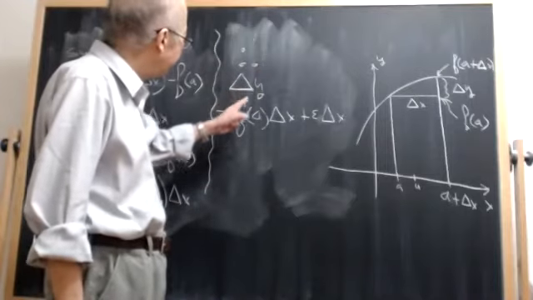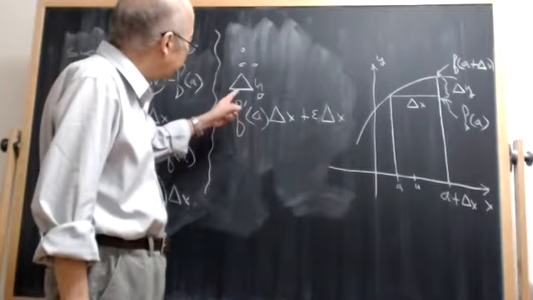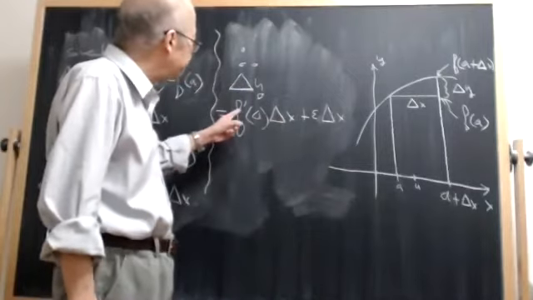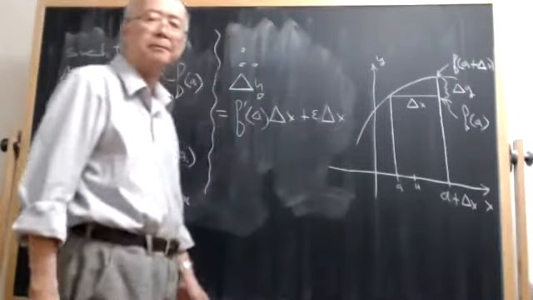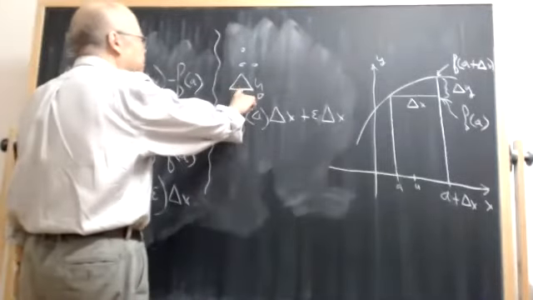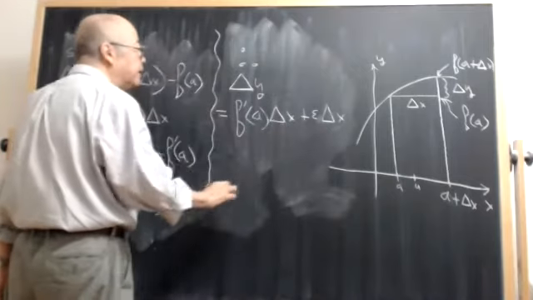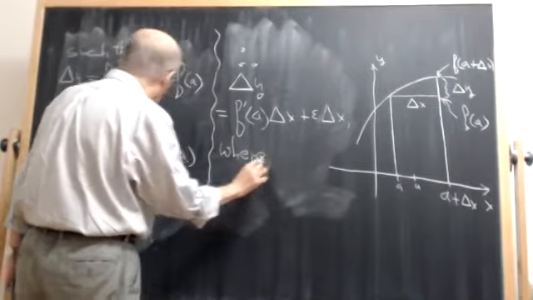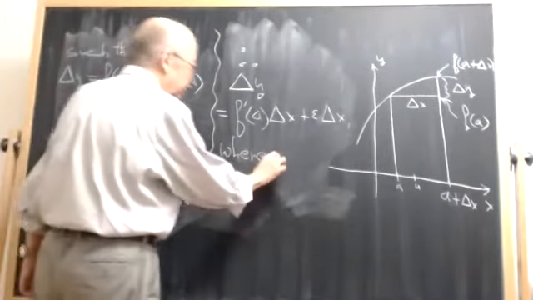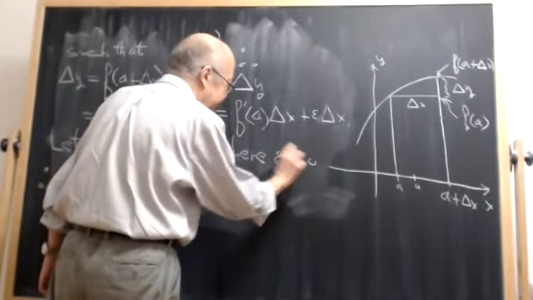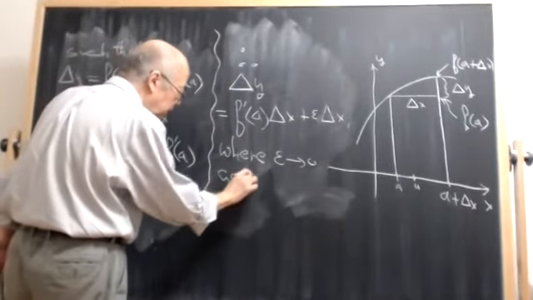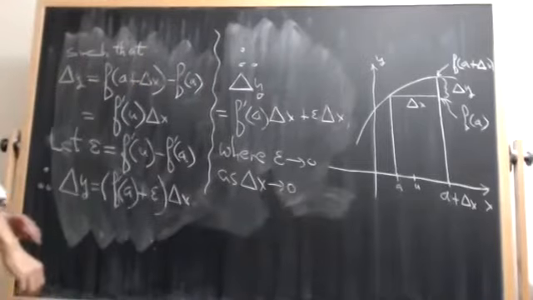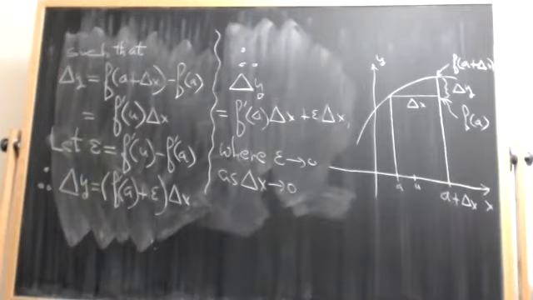And then delta y over delta x, or dy over dx, is the derivative at the point A. So delta y is given by this equation where this difference goes to 0 as delta x goes to 0.